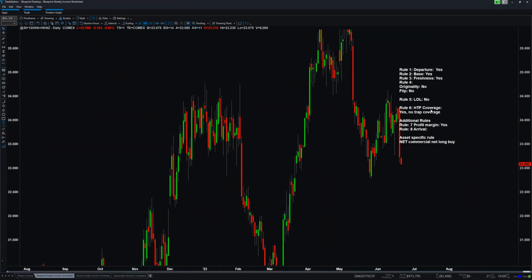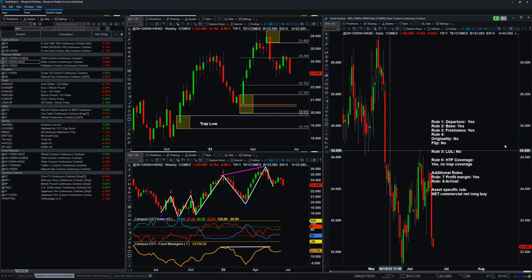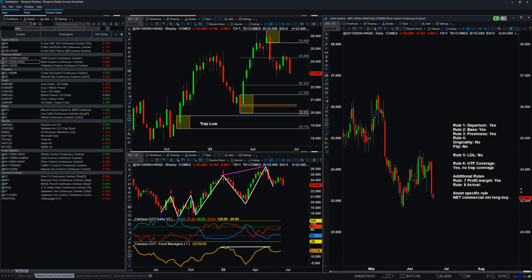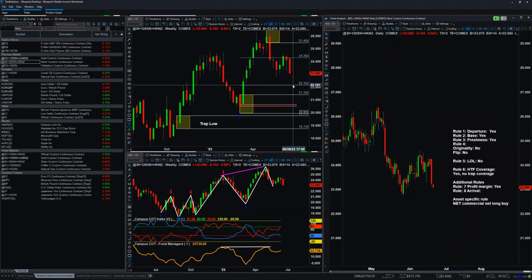So let's look at our window of opportunity here first. Where's our window of opportunity? Below low, so 22,152. So this is my low.